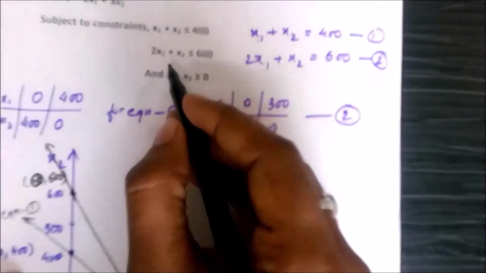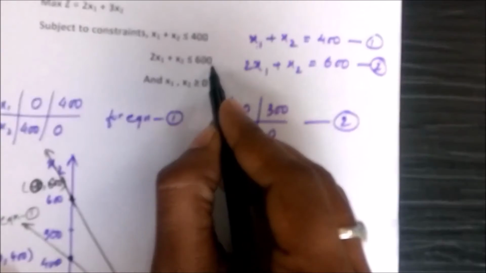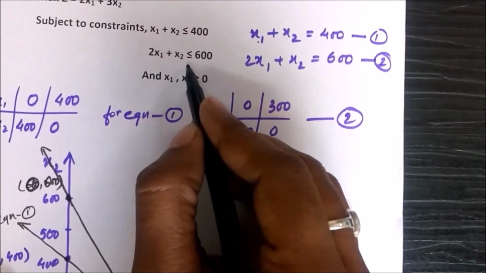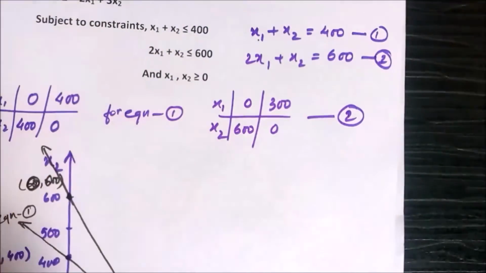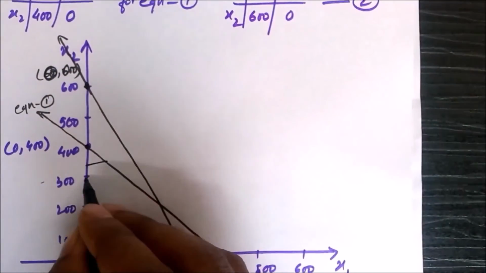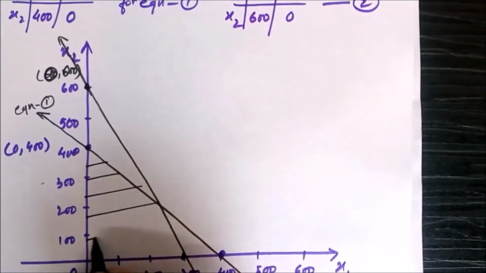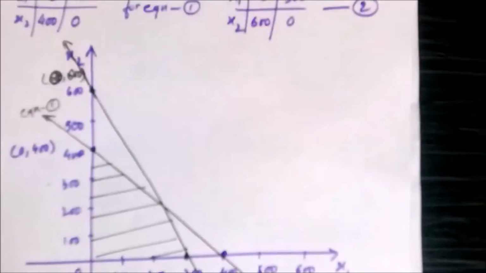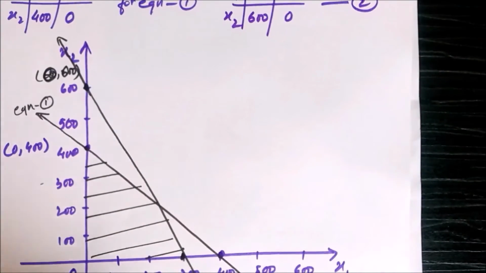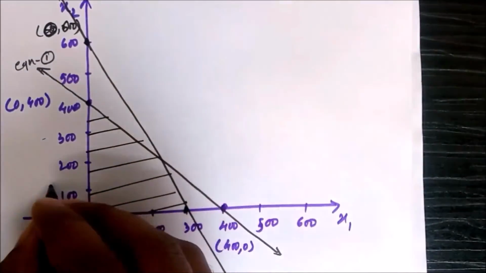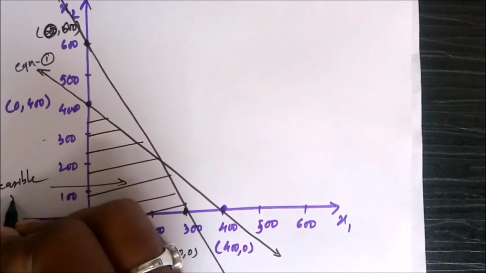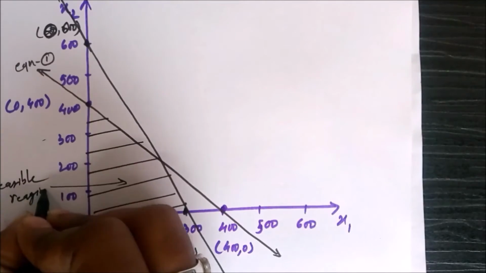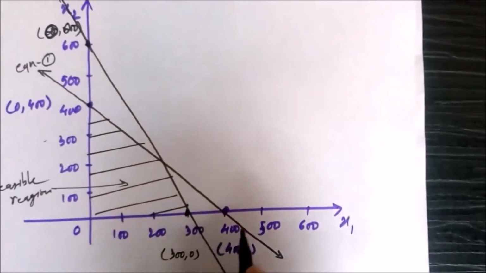Similarly, for equation 2, if I substitute, it satisfies the inequation, so the shaded region is this one. I get the common shaded region as this one. So this is our feasible region.